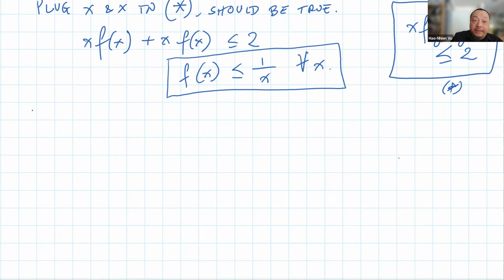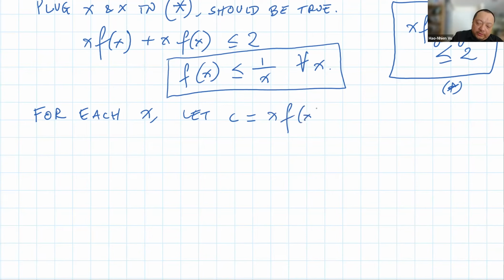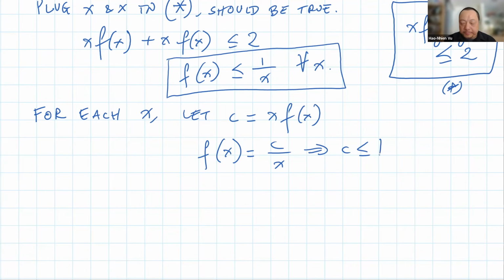So I'm going to define that number. For each x, let c be equal to basically that number there, x f of x. Therefore, I have f of x is equal to c over x. And therefore, c is less than or equal to 1.